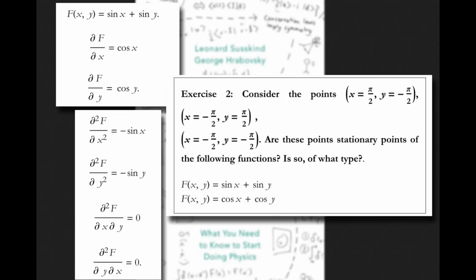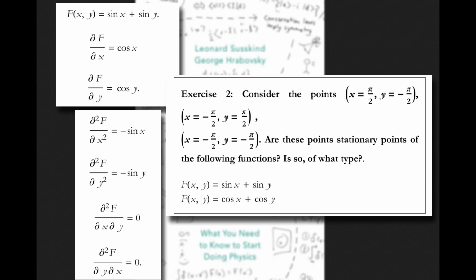Consider the function f(x, y) as sin x plus sin y. Differentiating, we get the partial derivative with respect to x, cos x, and with respect to y, cos y. Take the point at x equals pi by 2, y equals pi by 2. Since cos pi by 2 is 0, both derivatives are 0 and the point is a stationary point.